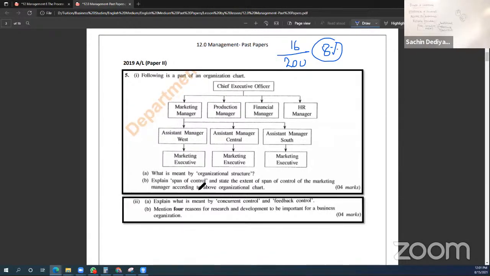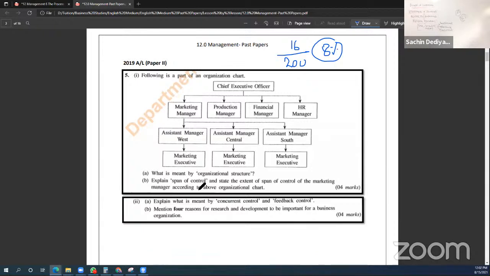Remember that span of control is the number of employees who directly report to a manager, not all who report, but the immediate subordinates. In some organizations you might have a wide span of control, where a lot report to you, so your job is kind of complicated because you need to make sure that you monitor or control more employees.